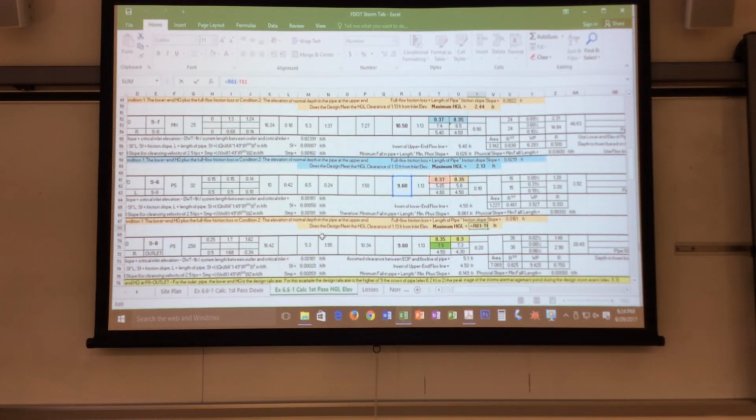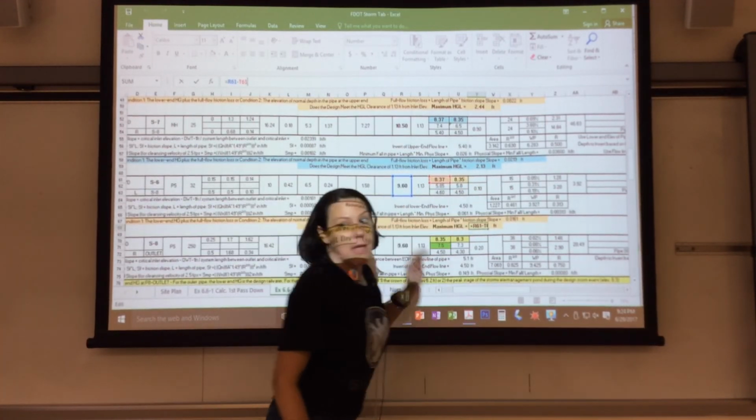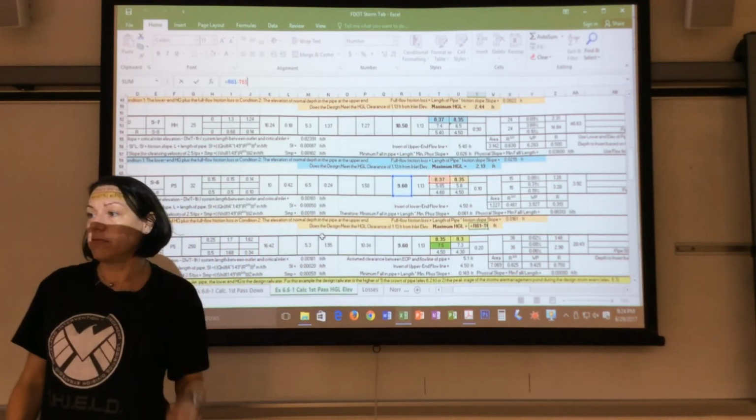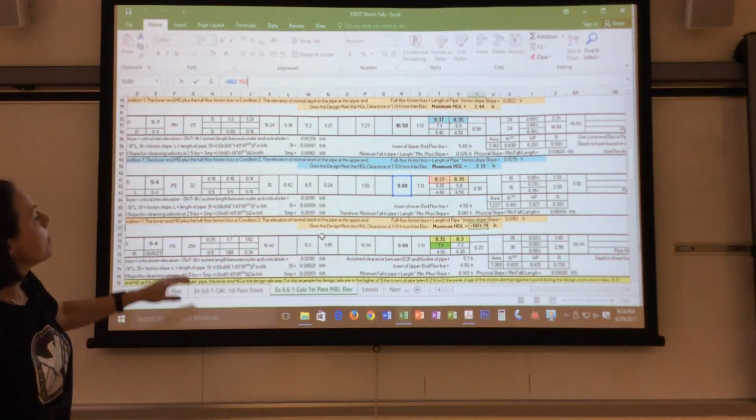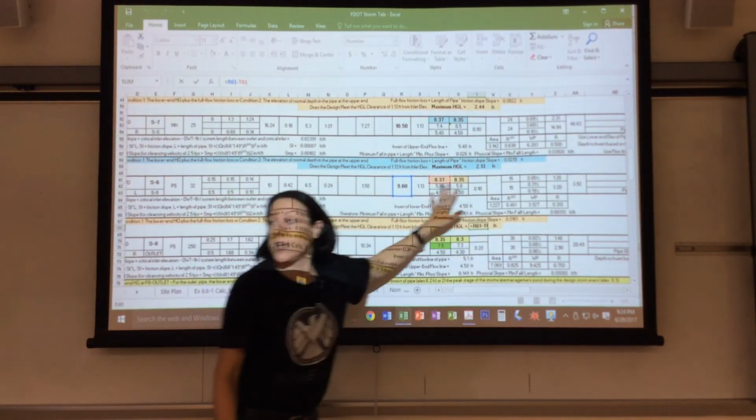And this is the nice part that changes. All of these calculations change based on that pipe. But here's the bad part, real quick. When I change the pipe, it changes the Q, which changes the velocity. Guess what?